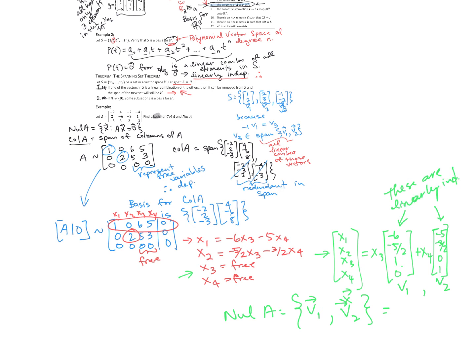If they were not linearly independent, I could write this second vector in terms of x3, and I could write this first vector in terms of x4. They have to be linearly independent in order to satisfy this solution. So the basis for the null space of A is equal to the set of v1 and v2.